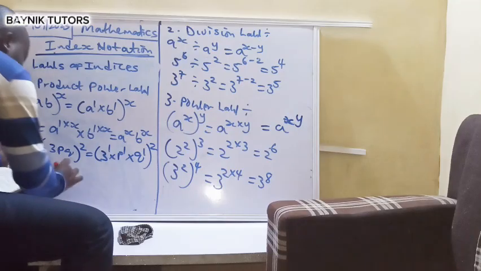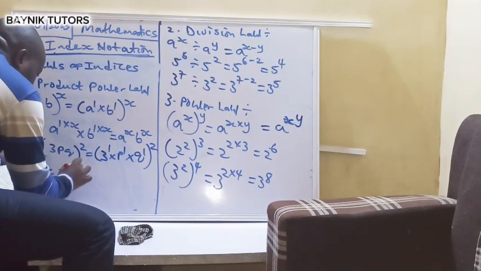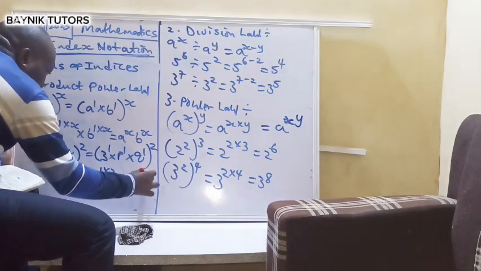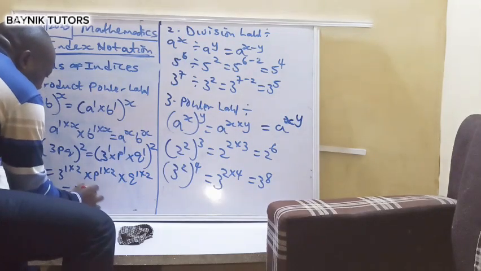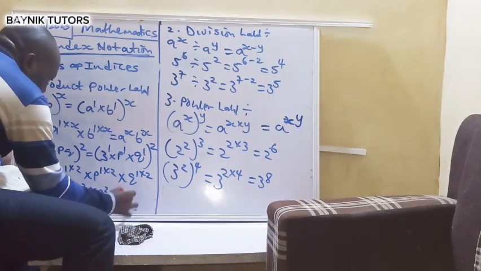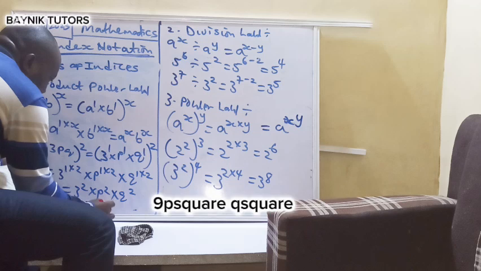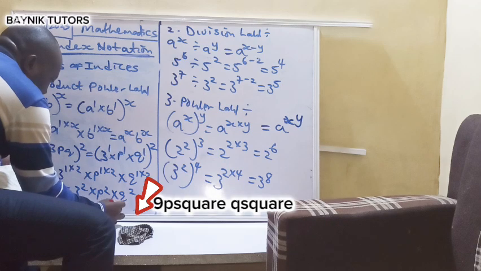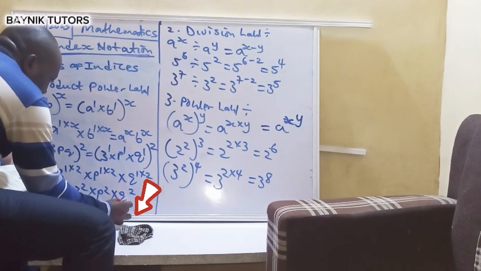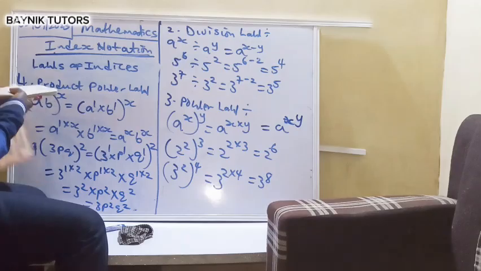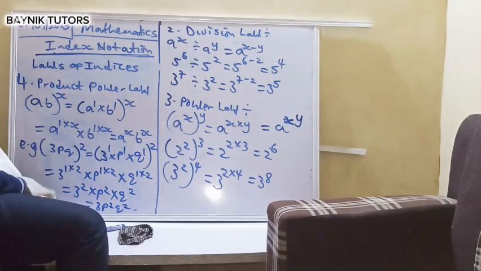So at the end we have 3 raised to power 1 times 2, p raised to power 1 times 2, q raised to power 1 times 2. So at the end we have 3 raised to power 2 times p raised to power 2 times q raised to power 2, which is equal to 3p squared q squared. Kindly note that the answer is meant to be 9p squared q squared. It was just an oversight. Thanks for your understanding. That's the product power law, and that's that in its illustration.